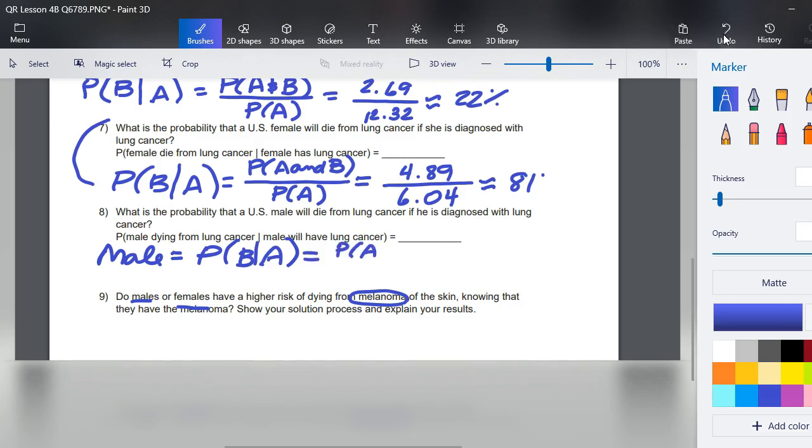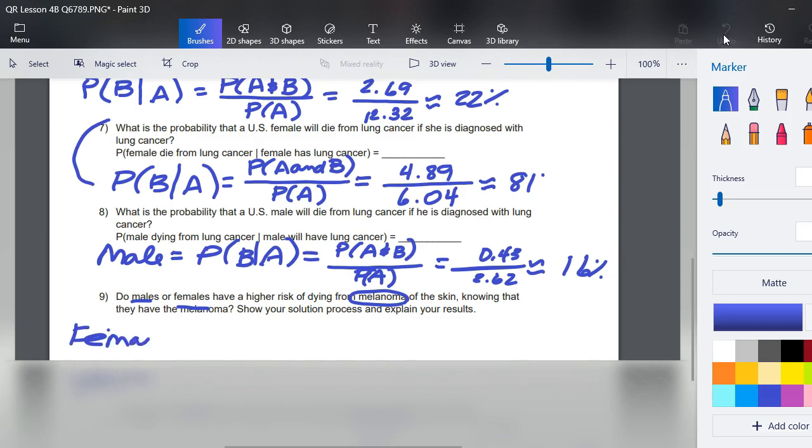So the probability that they died from melanoma cancer, given that they have melanoma, the numbers I'm finding are 43 hundredths and 2 and 62 hundredths, which when I divide, multiply by 100 and round to the nearest whole number. For males, the probability that they're going to die from lung cancer, excuse me, I'm looking at the wrong line, die from melanoma, given that they've already got melanoma, is 16%.